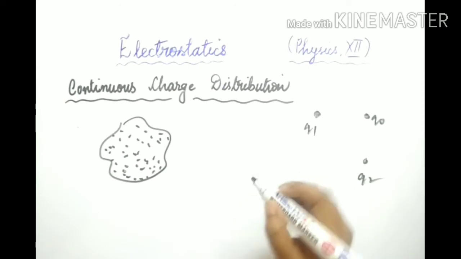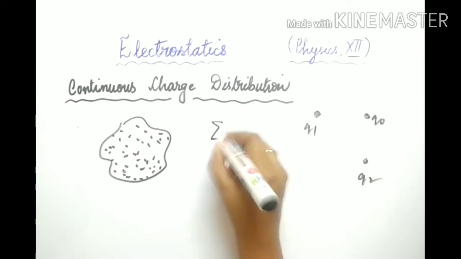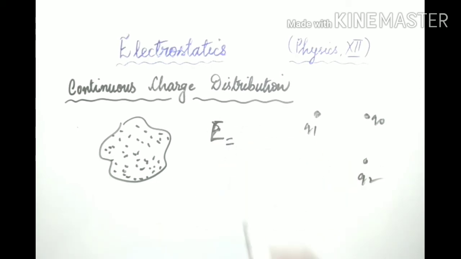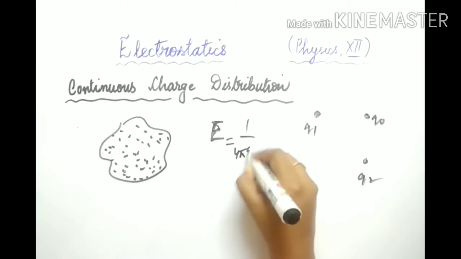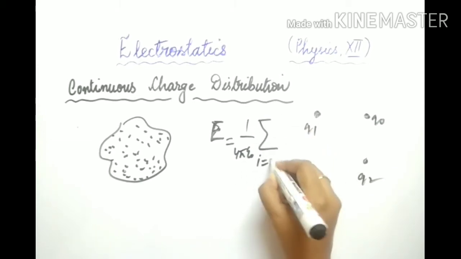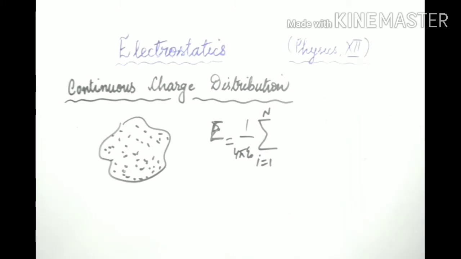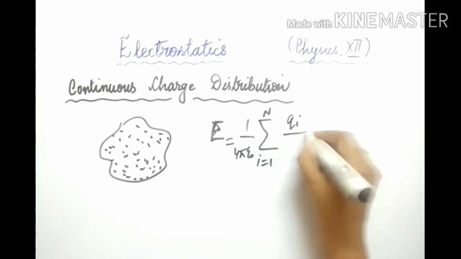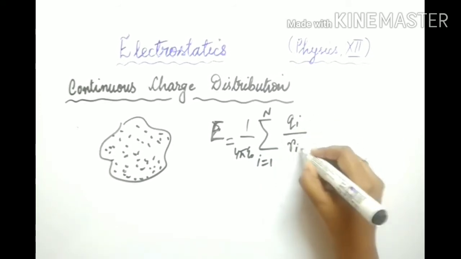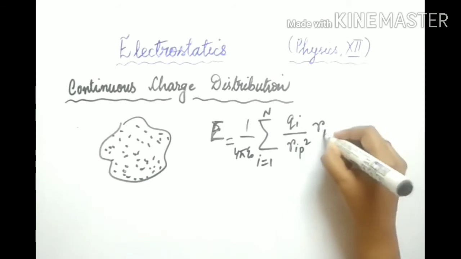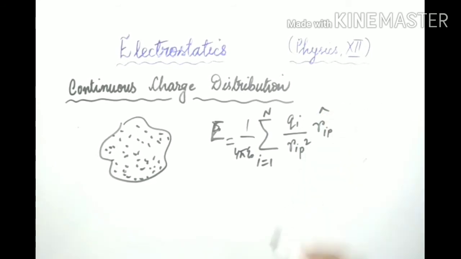So in this case we have seen that the electric field E is calculated using the principle of superposition, and it is given by 1 by 4 pi epsilon naught, summation of i equals 1 to n, where n is the total number of charges present, Qi by R_iP square into R_iP unit vector.